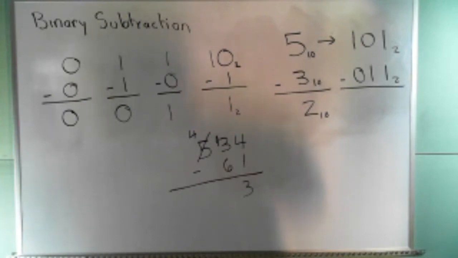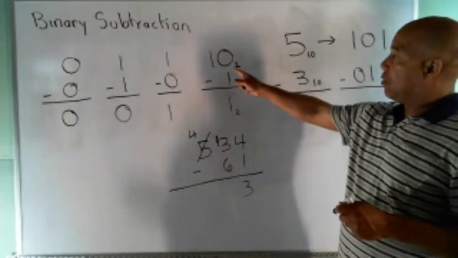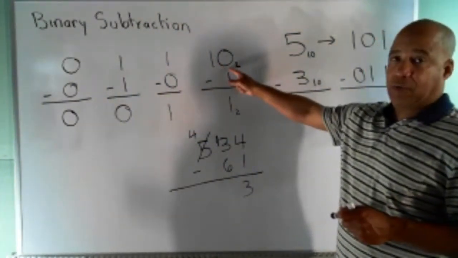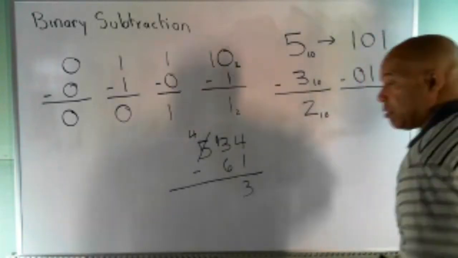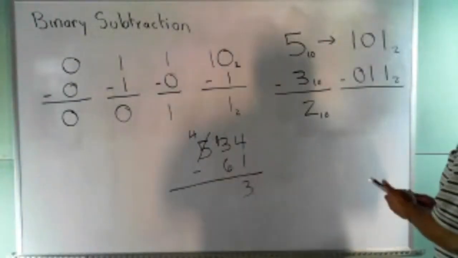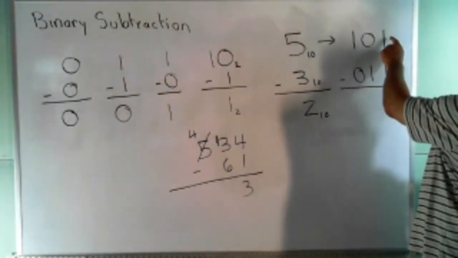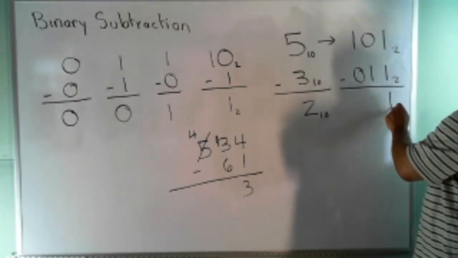So when you're doing this problem, you got to think about this rule. When you have a 1, 0 and take 1 away from it, you got a 1 left. So what I got to do here is, well, this one's no problem, right? I can go 1, take away 1. That's a 1.